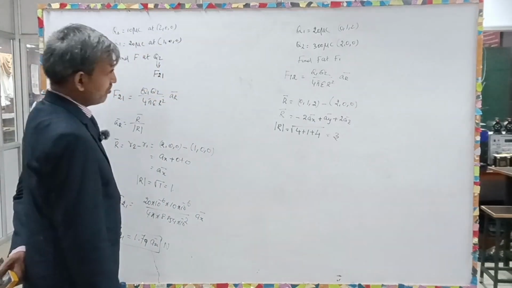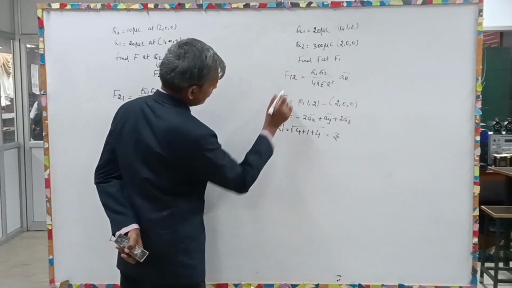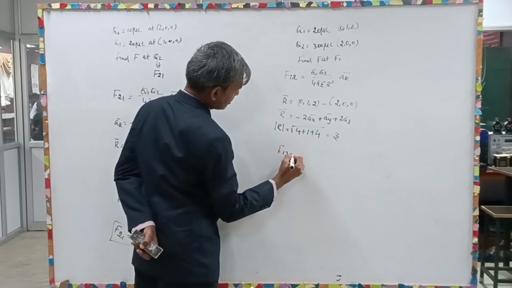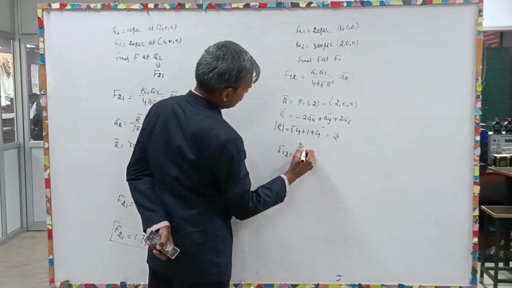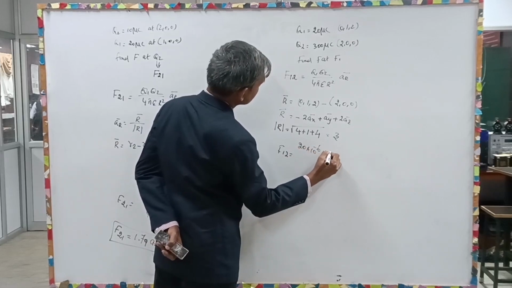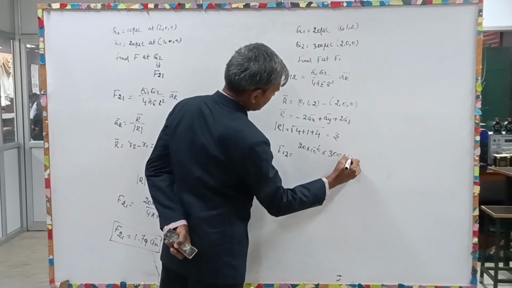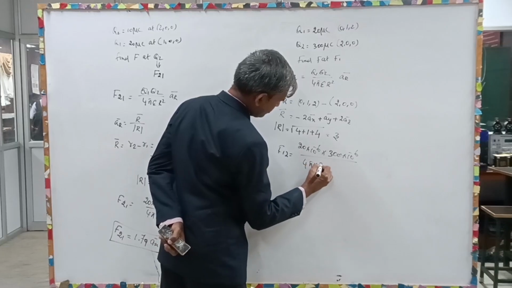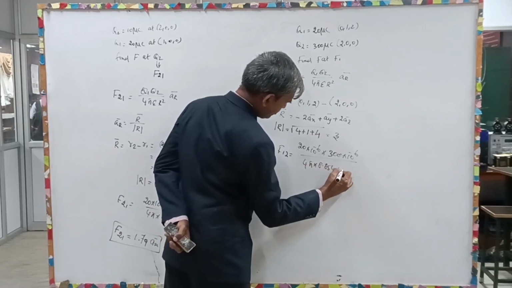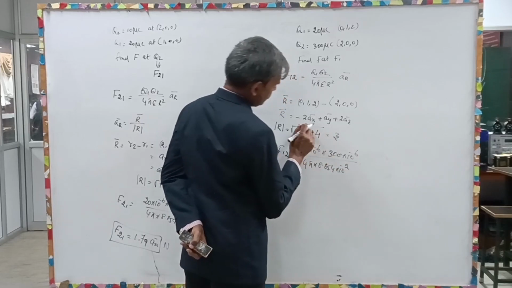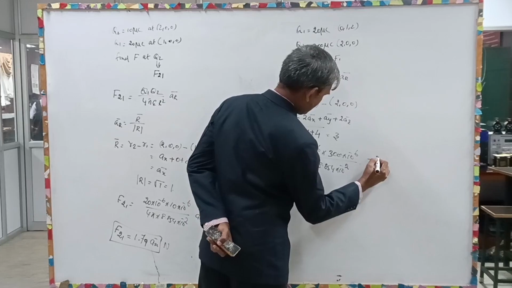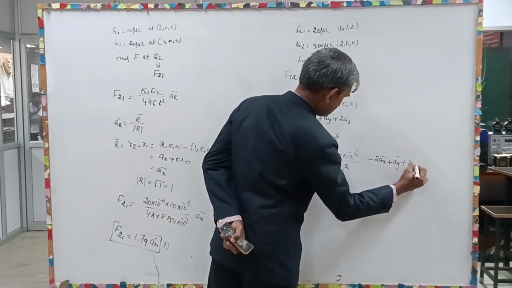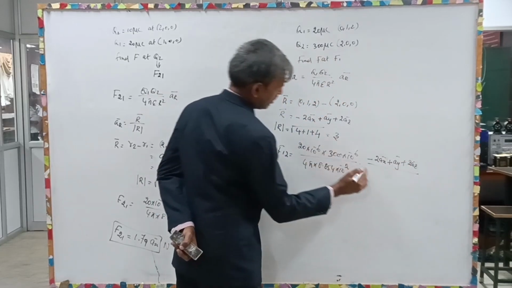The r value is given. Now we can substitute the values into this formula. F12 is equal to the Q1 value is 20 into 10 to the power minus 6 into 300 into 10 to the power minus 6 divided by 4 pi epsilon value, 8.854 into 10 to the power minus 12. So the aR value is minus 2ax plus ay plus 2az divided by 3.